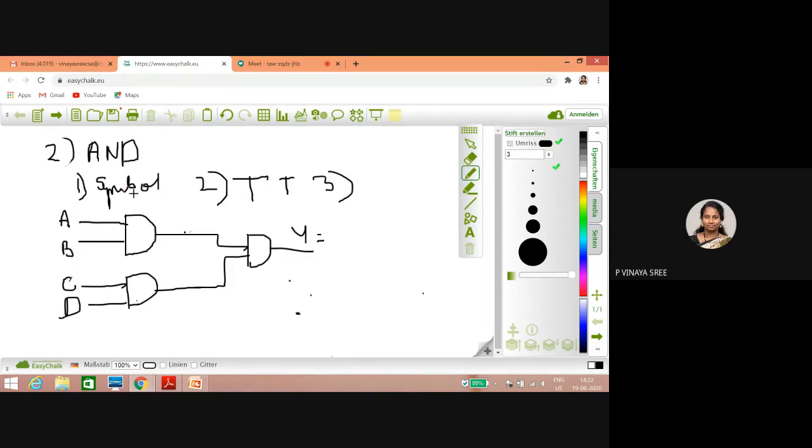First, let me start from here. For this AND gate, we have given inputs A and B. So what will be the output here?